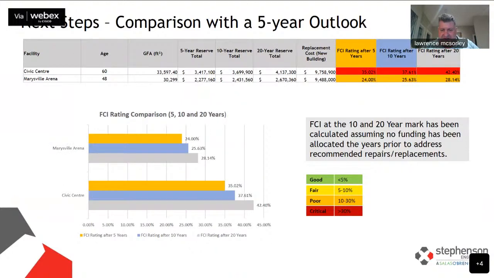This is the other two buildings, so it gives an idea. There are quite a few significant issues with the Civic Center. Accessibility is a big one, so there are a lot of obstacles for getting that building accessible for a lot of public use. So that had a big factor in here. And generally, I would say that these are getting old enough now that you wouldn't design them the same way again.